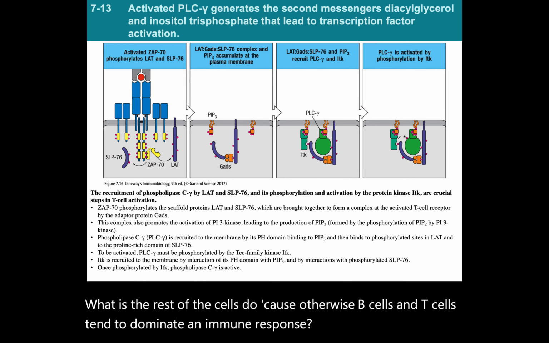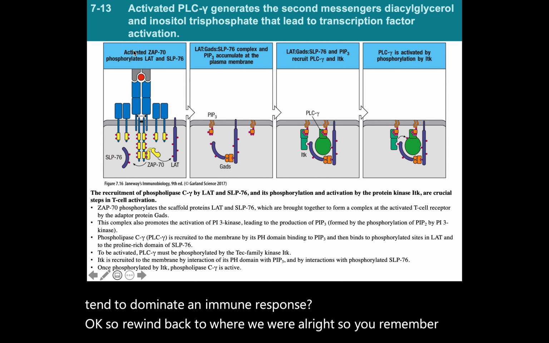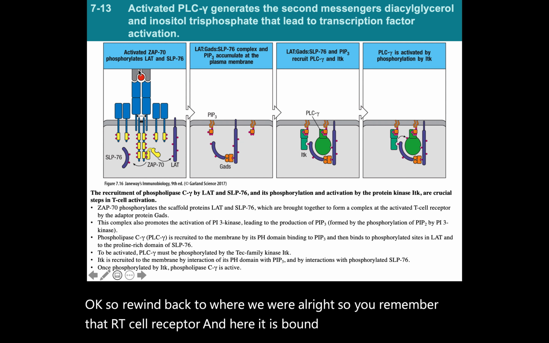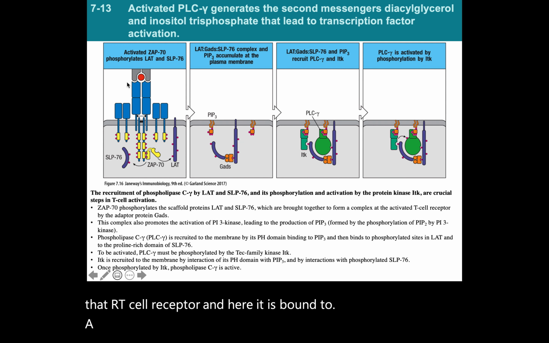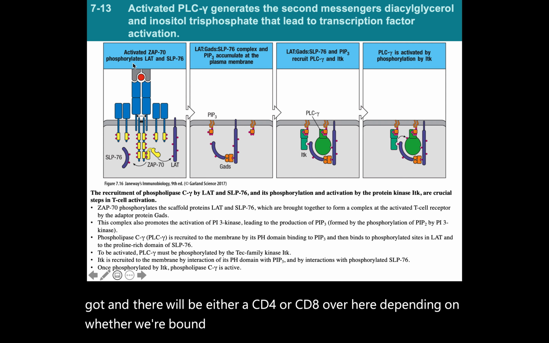Okay, so rewind back to where we were. You remember our T cell receptor, and here it is bound to an MHC, either class 1 or 2, depending on which one we've got. So there'll be either a CD4 or CD8 over here, depending on whether we're bound to class 2 or class 1. We've got our CD3 complex here with the little ITAMs on it.